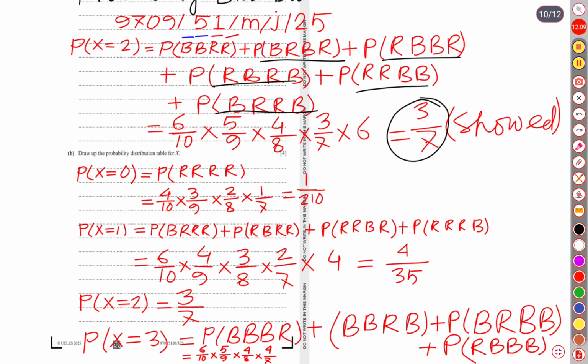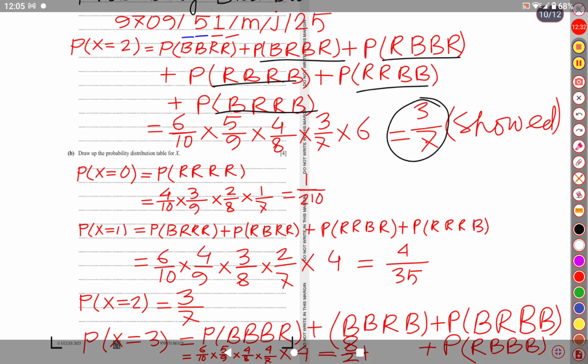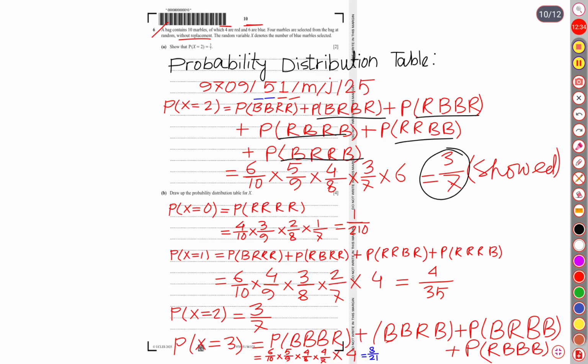There are 4 possible cases, so we will multiply by 4. So finally our probability is going to be 8 over 21. So 8 over 21 is the probability when there are 3 blue marbles.